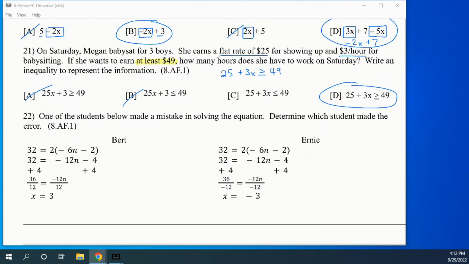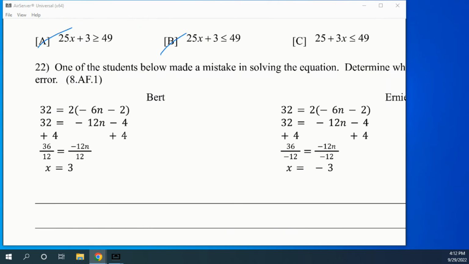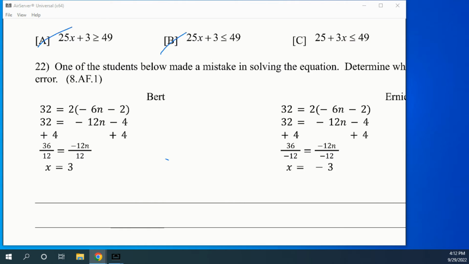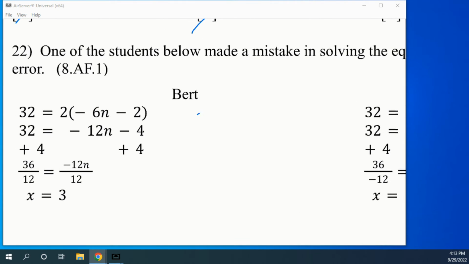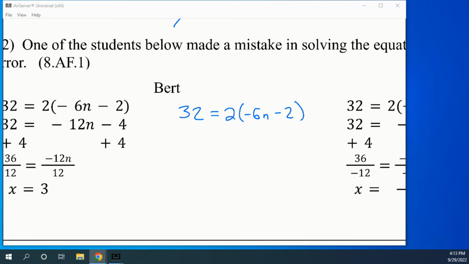Number 22. One of the students below made a mistake in solving the equation. Who was it? What did they do? Let's see. I think I want to actually solve it myself, and then we can determine who did something wrong by doing this. First thing we need to do is look for distribution.